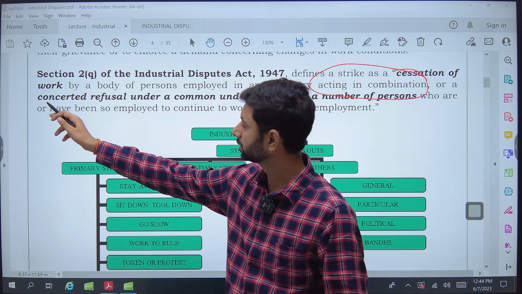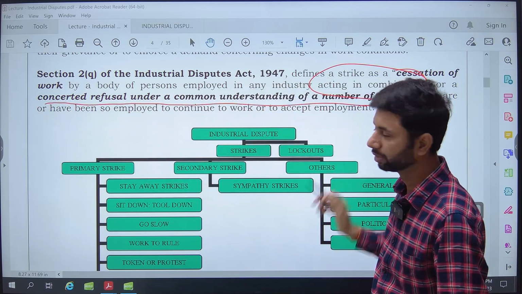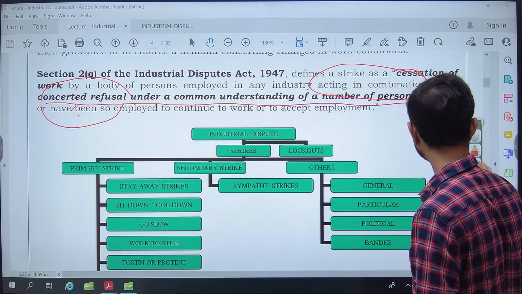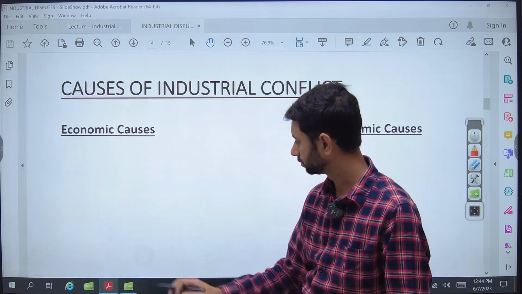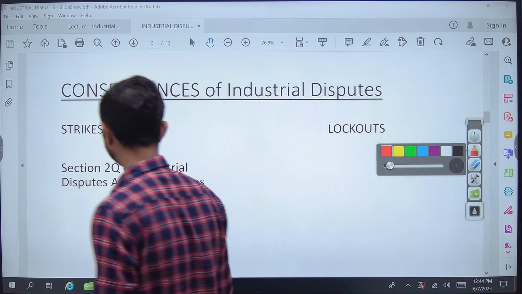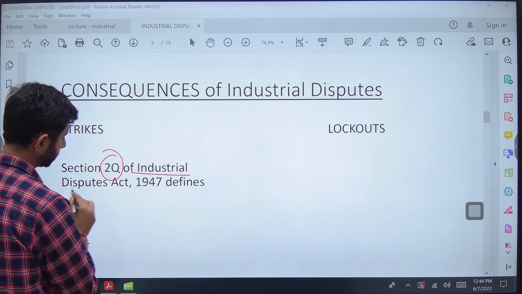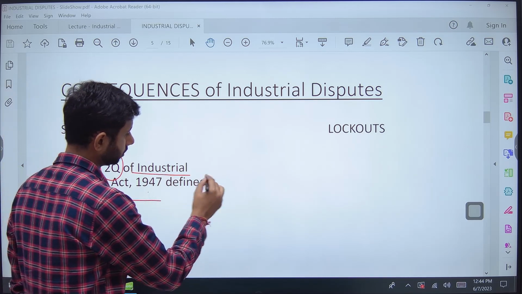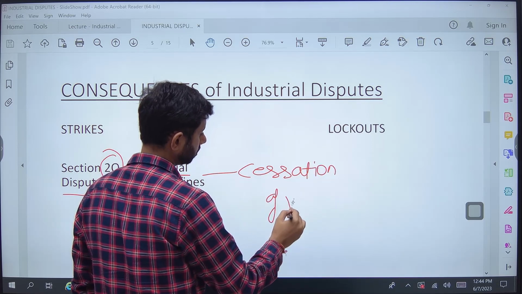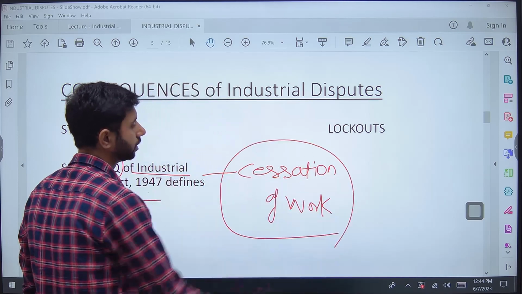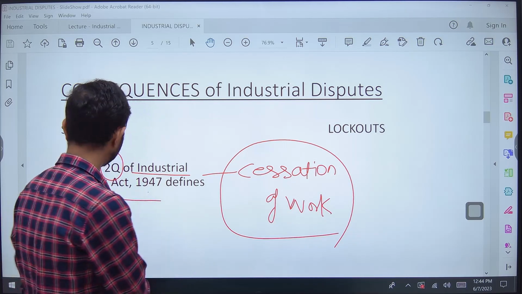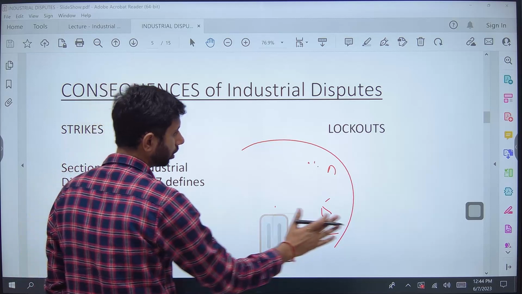Similarly, another way is a concerted refusal, under a common understanding, of a number of persons to do work. This is what a strike is. Section 2(q), Industrial Disputes Act 1947. I hope you understand this. Workers decide to stop the work jointly. Now let's go to what we mean by lockouts.